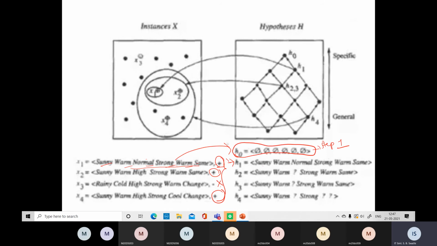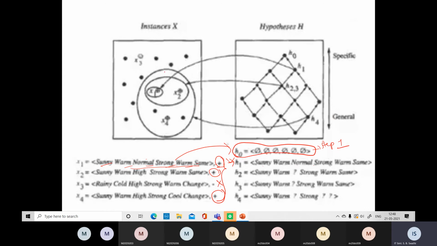This is our new hypothesis. Now you have to repeat this process until all the instances are cross-checked with this newly formed hypothesis and replaced.